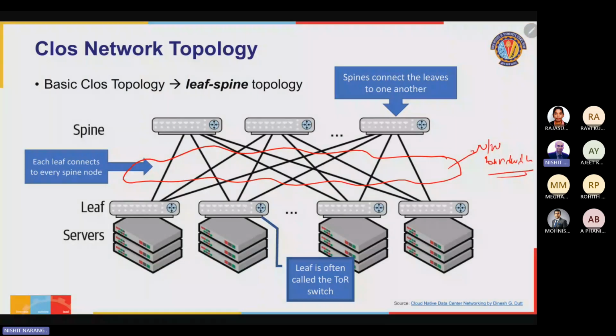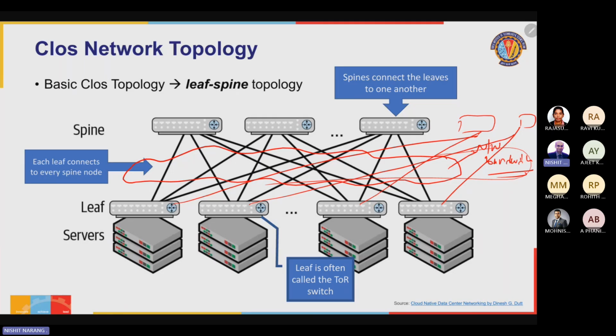Now, if I have to increase the network bandwidth, I don't have to increase the bandwidth of each of these individual communication links. I don't have to change the copper cables with fiber optic cables to grow their bandwidth. No, I'll just add a few more spine nodes and connect the leaf using the same kind of communication links to these new spine nodes as well. My cross-sectional bandwidth of the network has grown.